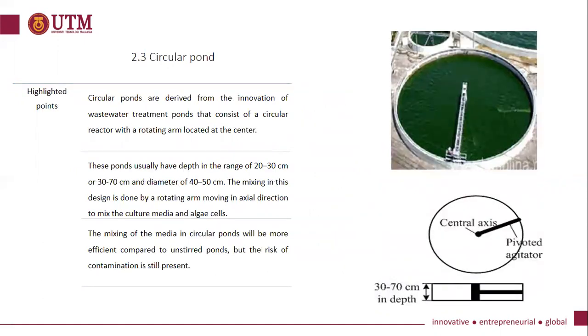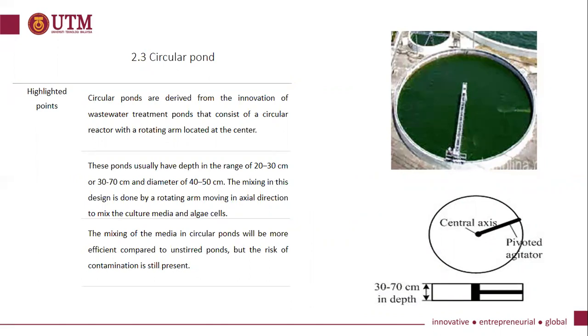Circular ponds differ from the innovation of wastewater treatment ponds, consisting of a circular reactor with a rotating arm located at the center. These ponds usually have a depth in the range of 20 to 30 centimeters or 30 to 70 centimeters, and the diameter is between 40 to 50 centimeters.